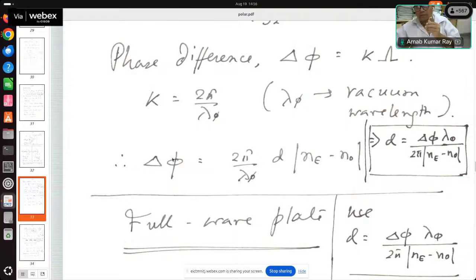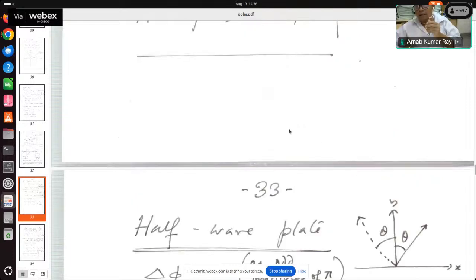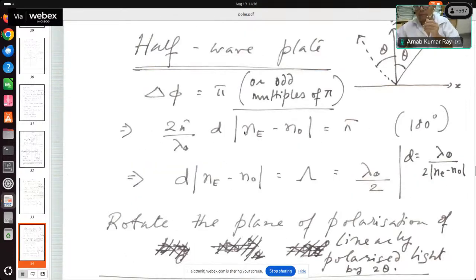So we shall just write pi on the left hand side, and for the case of the half wavelength, the pi's will cancel. And so d will be equal to lambda naught by 2, divided by the difference of the refractive indices.